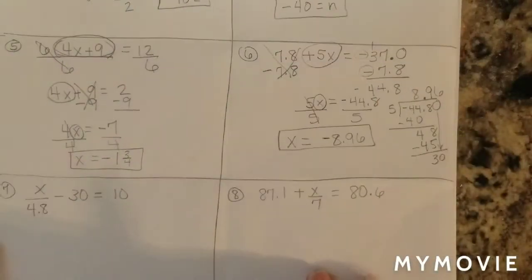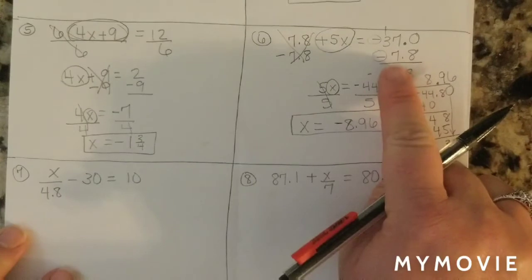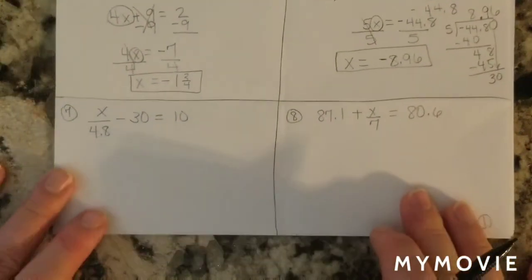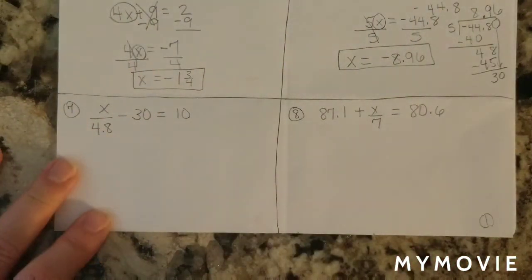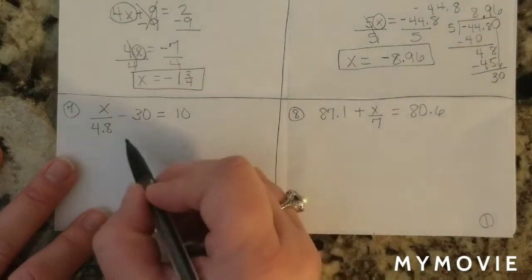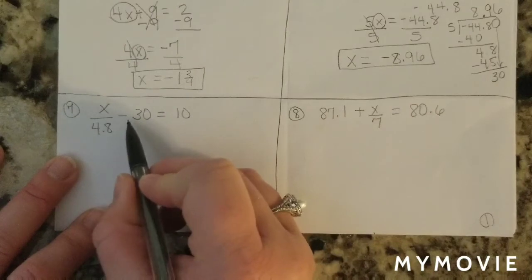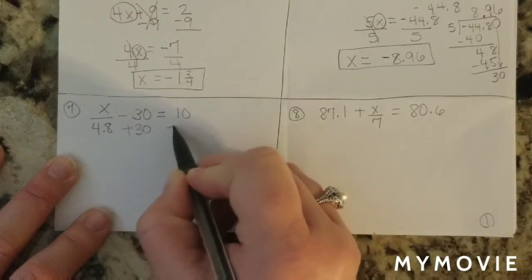All right, so let's go to number 7. Remember, the main important part here is to keep your decimals lined up. So we have number 7. X over 4.8 minus 30 is equal to 10. Again, the first thing we need to do is get rid of our constant number, or our number that's not going to change. So we have negative 30, so we're going to add 30 to both sides.